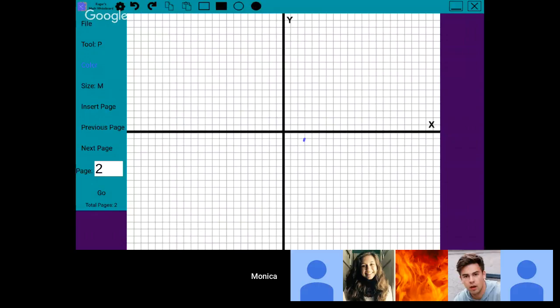And then 3, 4 will be here, right? So a line that passes through those is going to be like this, right?